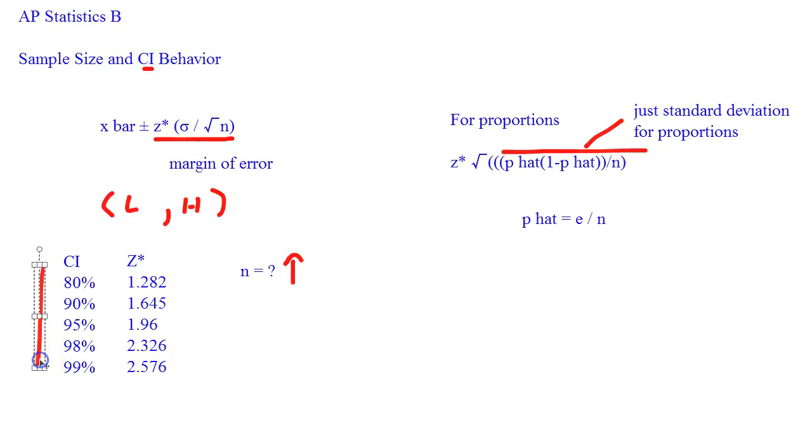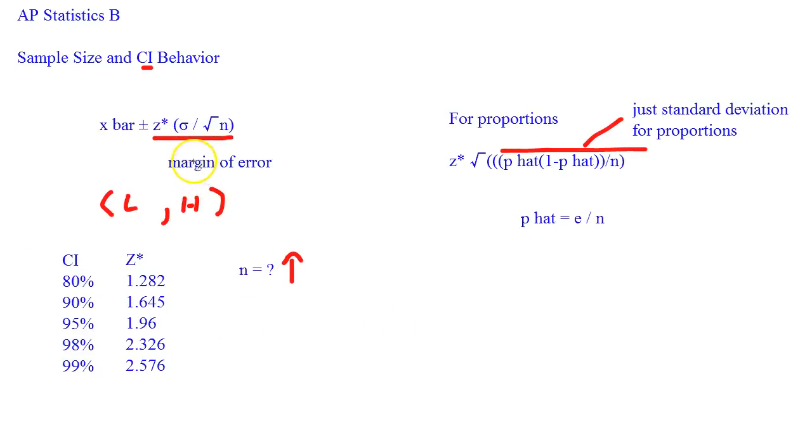Now, what happens to the interval width? It also decreases. So an increase in n directly relates to a smaller interval.